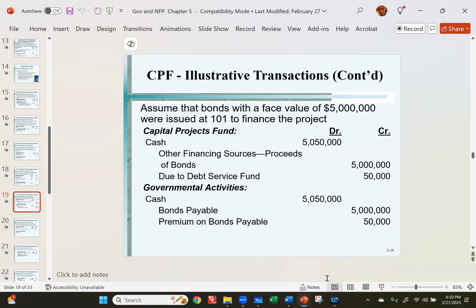And then the debt service fund would see a debit to cash and a credit to other financing sources transfer in. Another way to deal with it would be to have that count entirely as an other financing source of the debt service fund, and the premium wouldn't even touch the capital project fund.